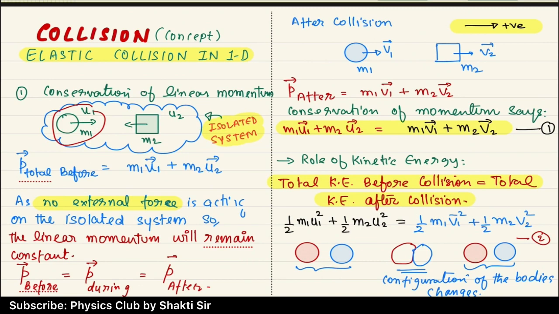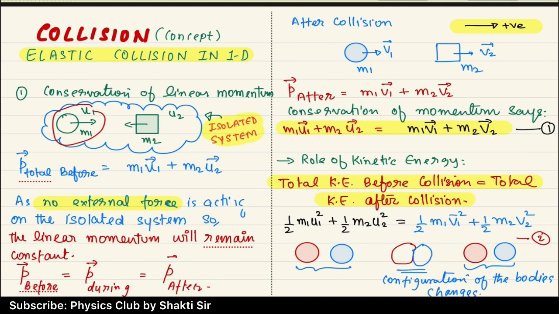That is, the kinetic energy of the system before the collision is equal to the kinetic energy of the system after the collision, not during the collision. Like we have the situation here, the linear momentum is conserved even during the collision, but the kinetic energy is not conserved during the collision.